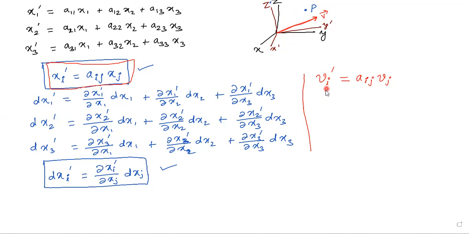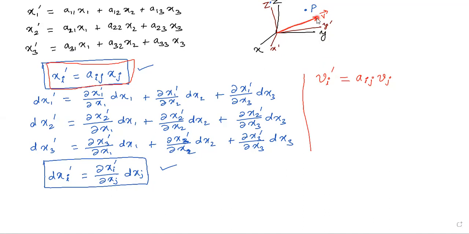V1 prime is the component of the same vector V along the x prime axis, V2 prime along the y prime axis, and V3 prime along the z prime axis.